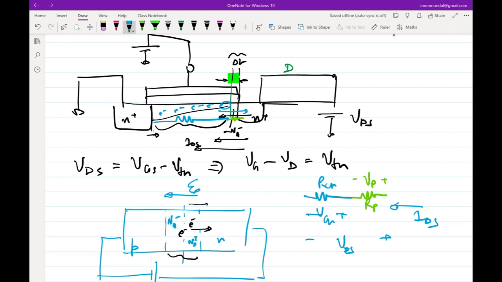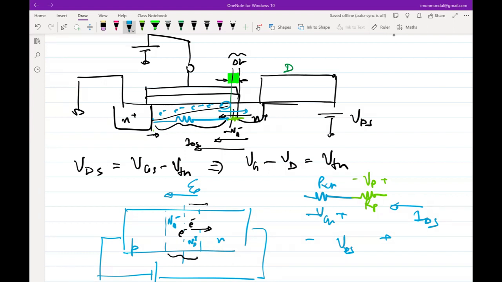But note that this RP doesn't exist before pinch off. RP exists only after pinch off, which means it is only after pinch off that any additional voltage you apply will drop across RP. And across RCH, the drop was whatever it was at the condition of pinch off, just at the edge of pinch off.